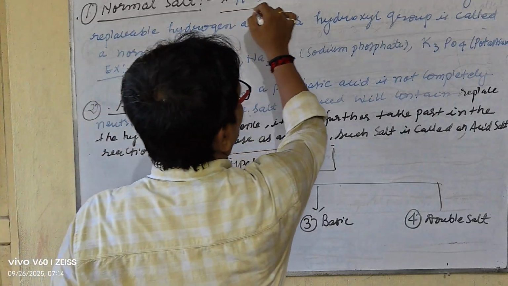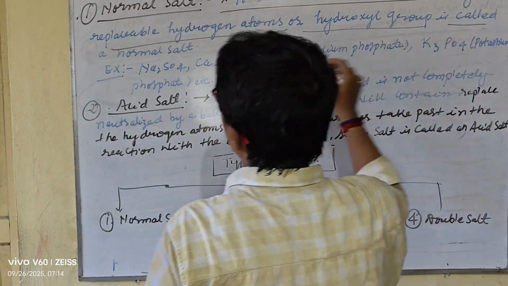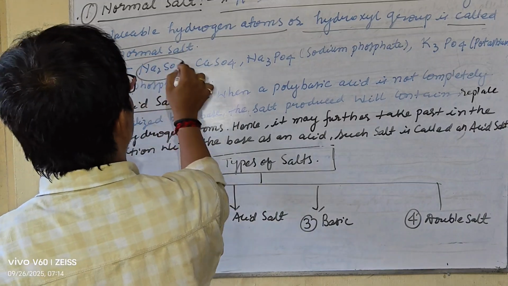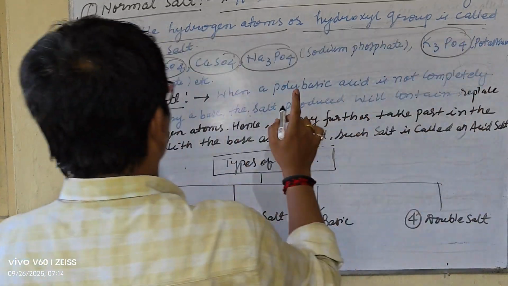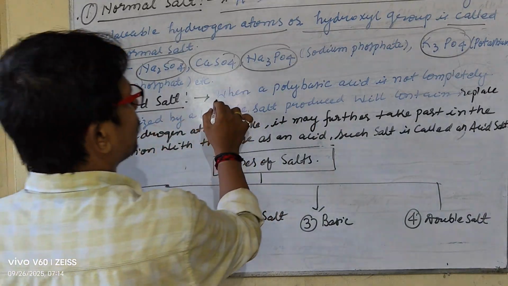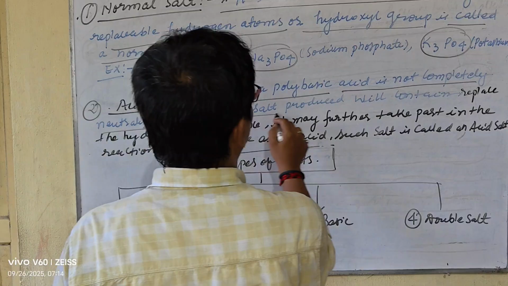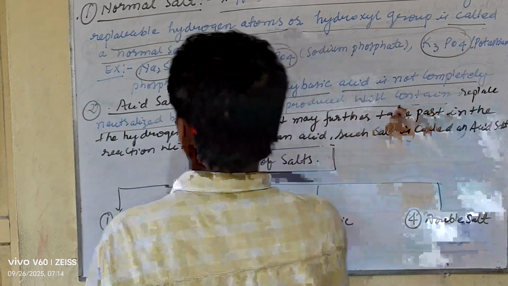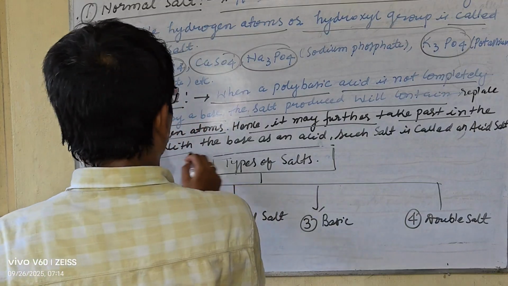So a salt that does not contain any replaceable hydrogen or hydroxyl group is called a normal salt. Na2SO4, CaSO4, Na3PO4 and K3PO4 are normal salts. And when a polybasic acid is not completely neutralized by a base, the salt produced has replaceable hydrogen atoms, hence it may further react with the base.